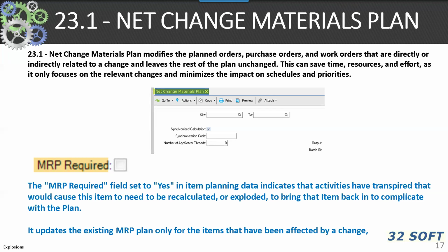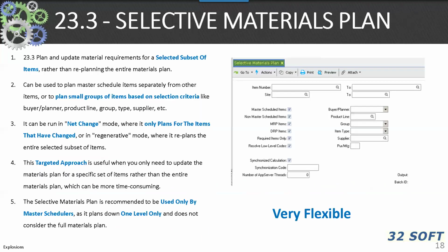When the system generated MRP required field is set to yes in 1.4.1 or 7.17, this indicates that activity has transpired that would cause the item to be recalculated or re-exploded to bring it back into compliance with the master production schedule. The 23.3 selective runs MRP for a subset of items or a group of items or sites.